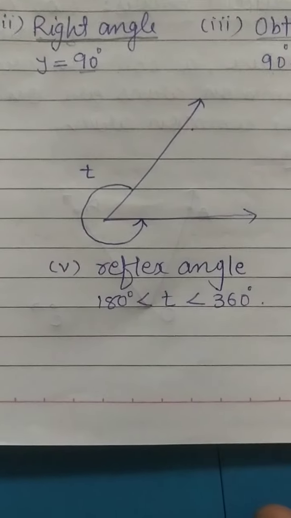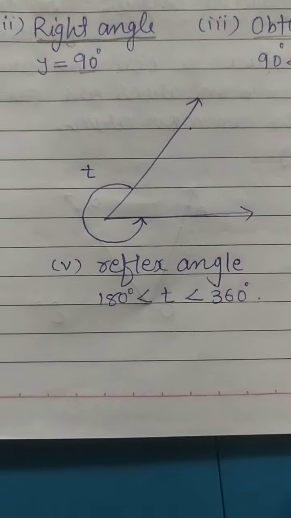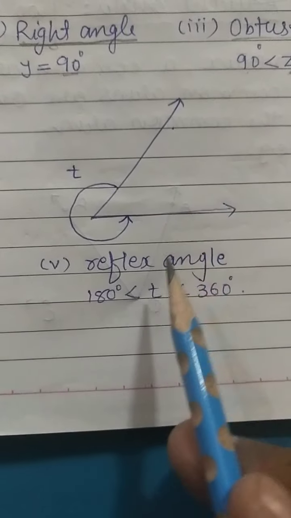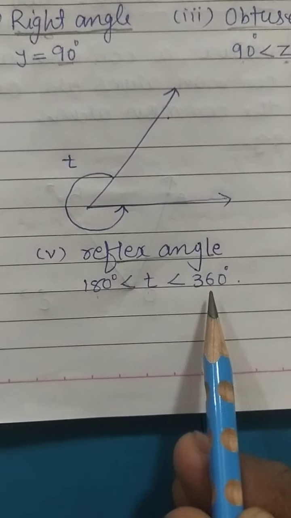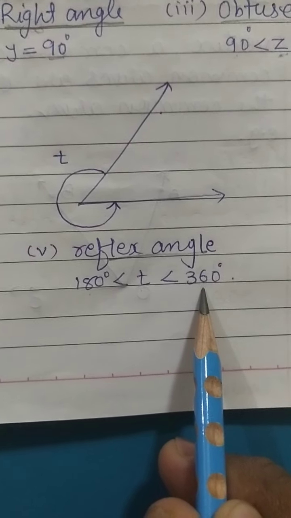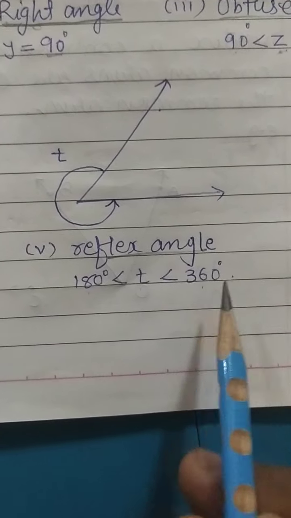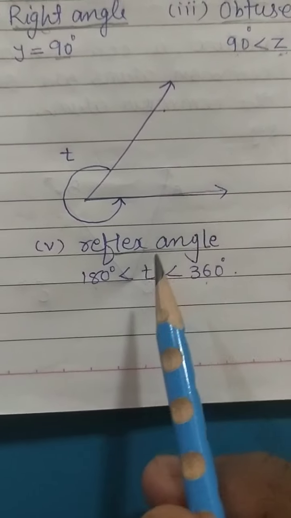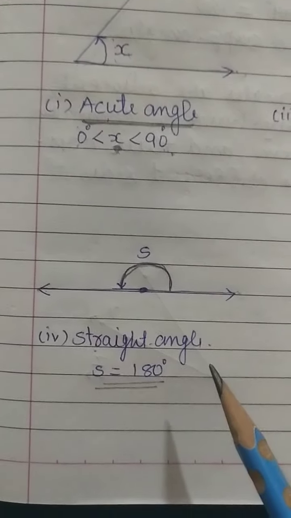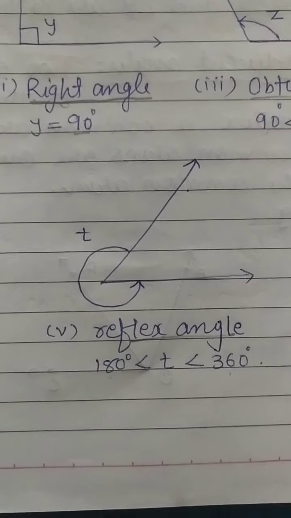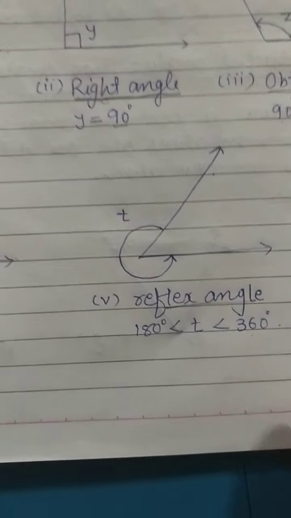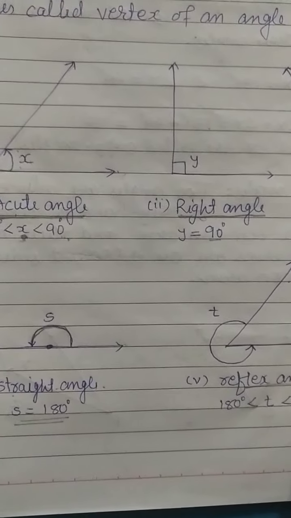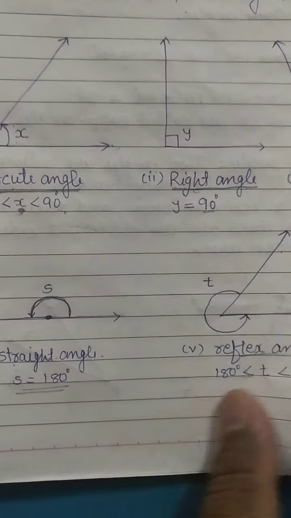Next one, reflex angle. A reflex angle always lies between 180 degrees and 360 degrees, meaning more than that of a straight angle, because the measurement of a straight angle is 180 degrees, but the measurement of a reflex angle is more than that. Right? Okay. So these are the basic 5 angles which you have already studied.